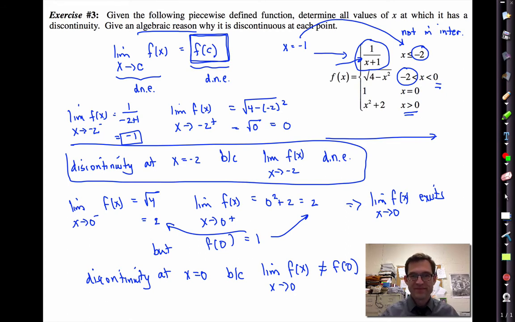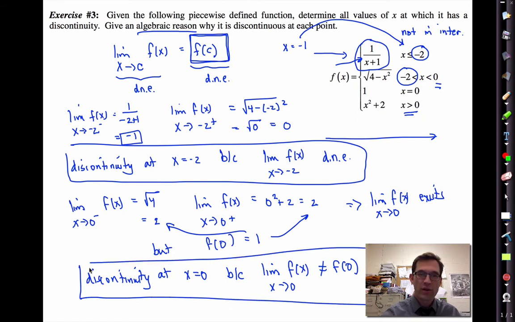We'd have a hole there, right? With a little dot above it. And that's it. Those are all my discontinuities. I have a discontinuity at -2, and I have a discontinuity at 0. Okay? So pause the video now and think about this problem, and then we'll wipe out the text.